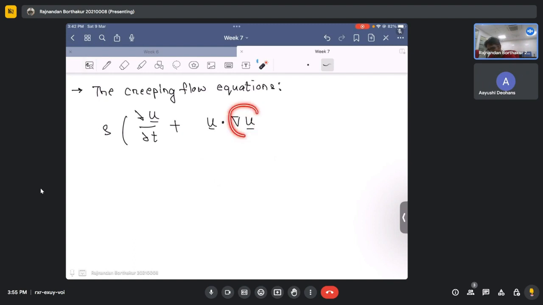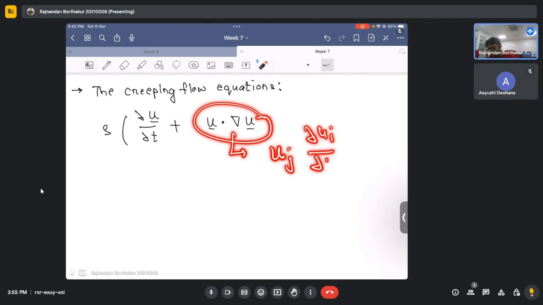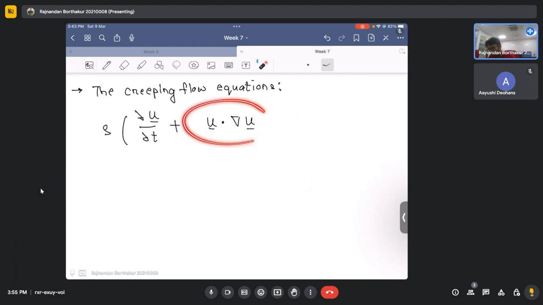If you want to write this in index notation, it is just del ui by del xj. And you know that if we have two free indices in a representation, then it is known as a tensor, which means that this grad u is basically a tensor, and this whole term, if you write in index notation, is just something like this.